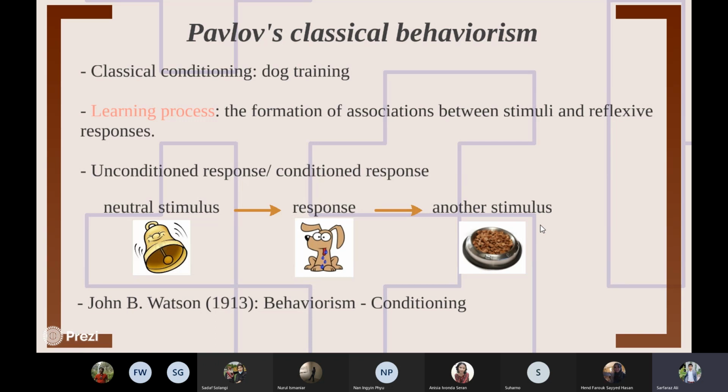So this is called the classical experiment. And with Pavlov's experiment, we got one of the most important terms, founded by J.B. Watson in 1913, known as behaviorism.